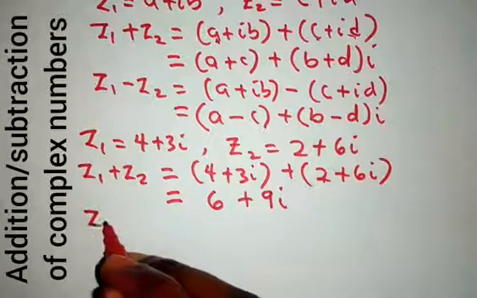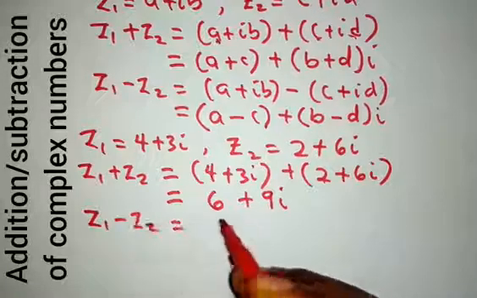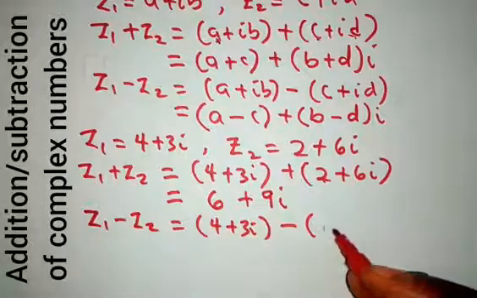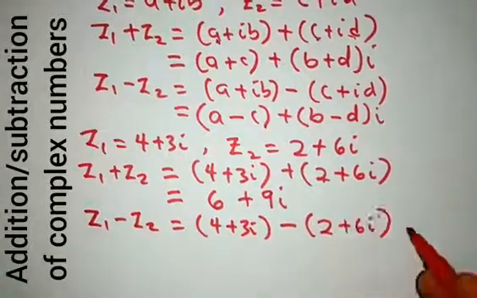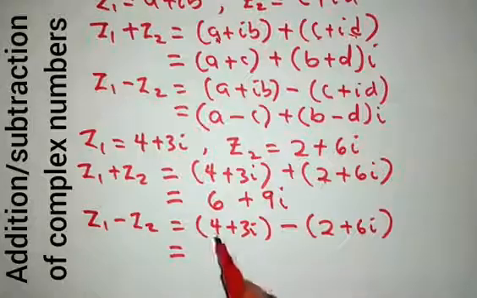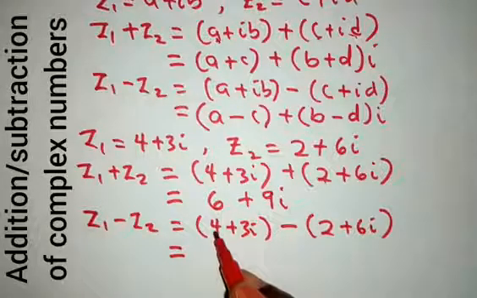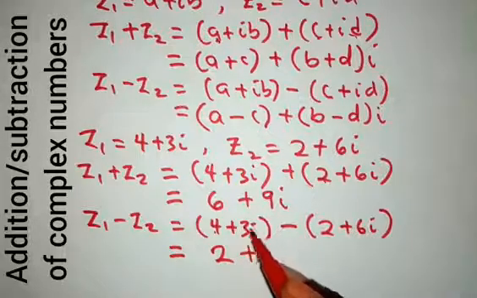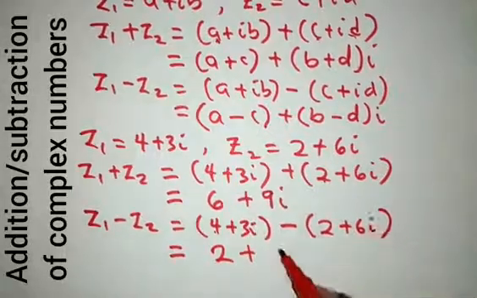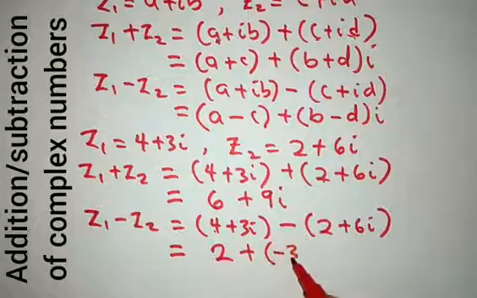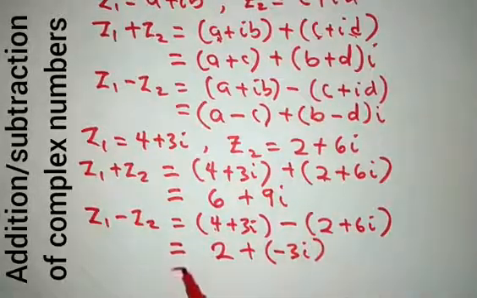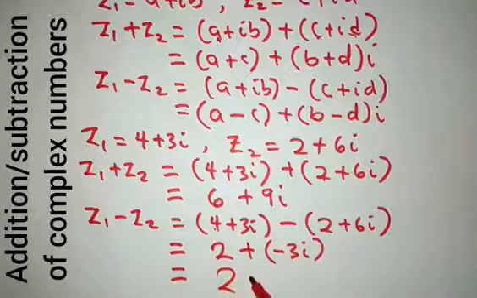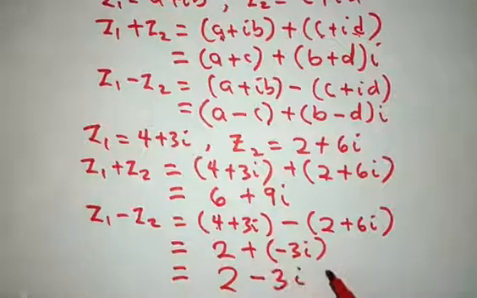Also, z1 minus z2 gives 4 plus 3i minus 2 plus 6i. And this gives, so I subtract the real parts, 4 minus 2 gives 2, plus then 3i minus 6i. That gives us minus 3i. And this equals 2 minus 3i.